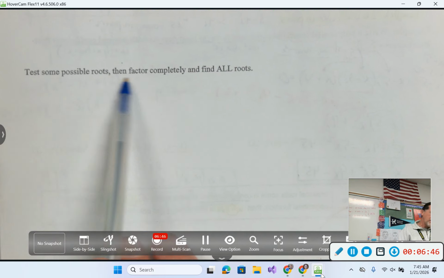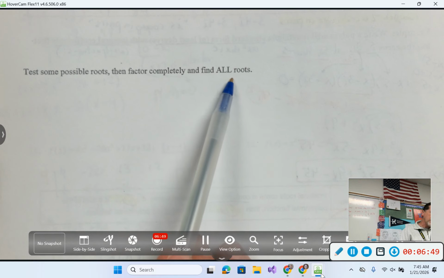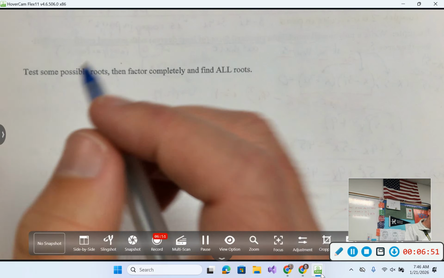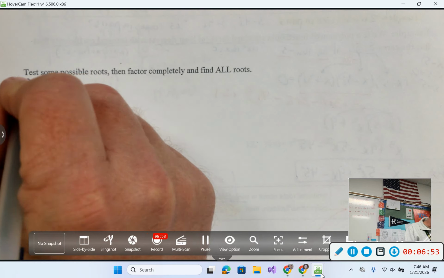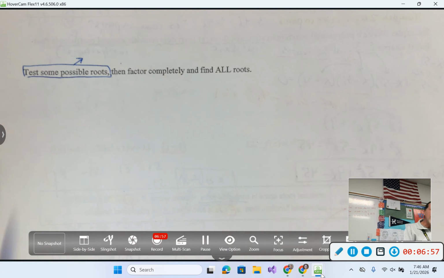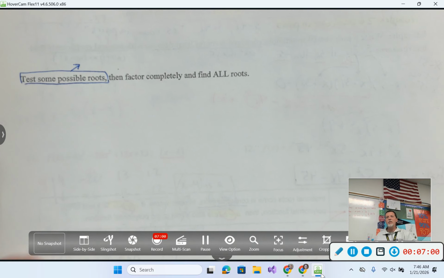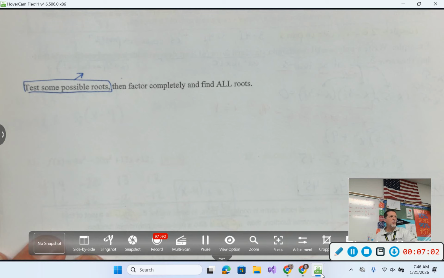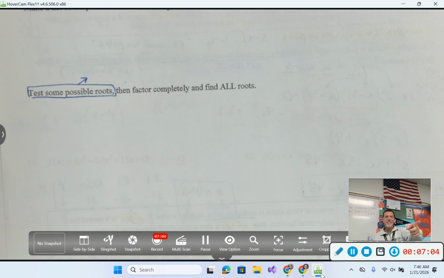Okay, let's test some possible roots, then factor completely and find all roots. Okay, well, test some possible roots. What's a really easy way that we learned in the past few days to test some roots? Say it, I think. Synthetic division.